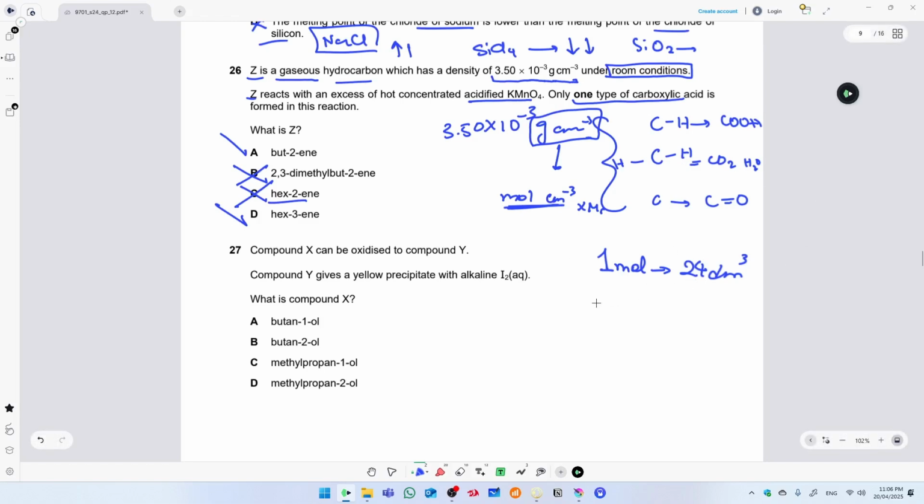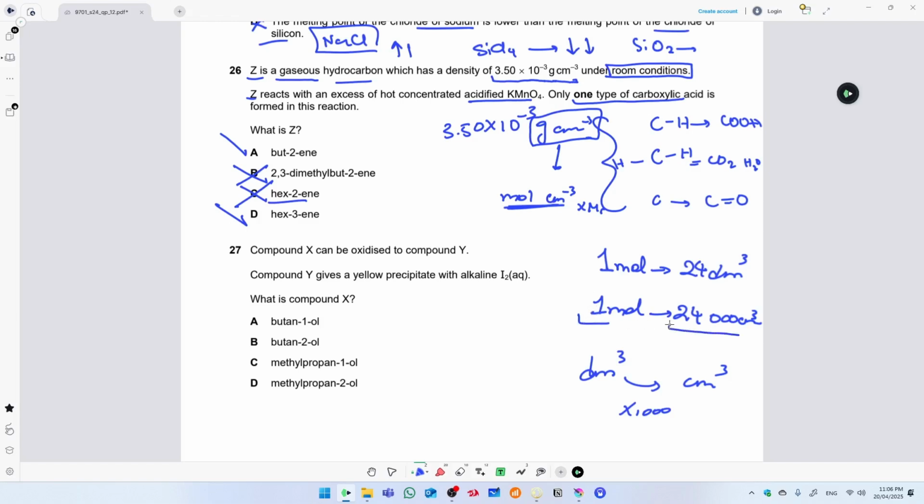So that means 1 mole takes 24,000 centimeter cube, because from decimeter cube to centimeter cube you multiply by 1000. So the concentration is basically 1 over 24,000 per centimeter cube, and then if you multiply by the MR of either of these, you get this.